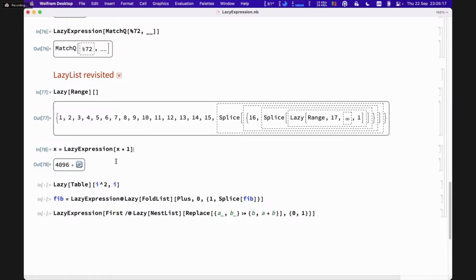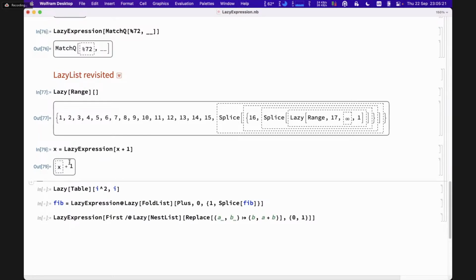Could you go back to what lazy expression of x equals x plus 1 does? This is a self-referential thing. First of all, this is now just a hold of this x plus 1. The dashed box says that there is a value assigned to x, so this itself can evaluate.